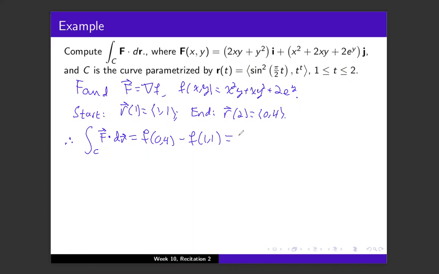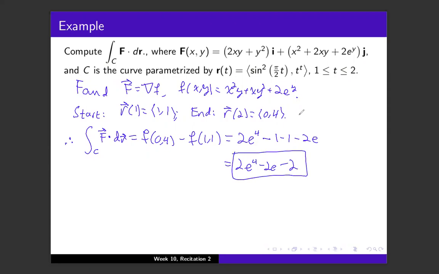Little f of (0, 4) is just 2e to the 4th, because x is 0, minus f of (1, 1), which is 1 plus 1, sorry, 1 plus 1 plus 2e. In other words, 2e to the 4th minus 2e minus 2. And that's our final answer.